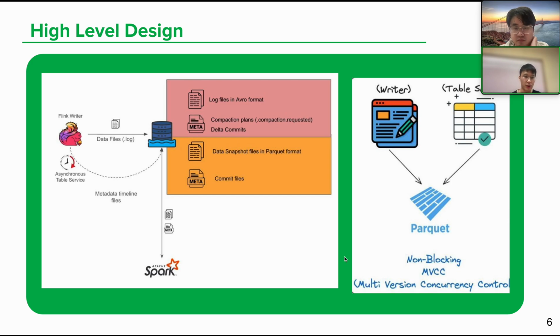However, while simple in design, copy on write tables do not actually satisfy every single requirement we have. For example, we can't really improve the data freshness for copy on write tables, based on the fact that copy on write tables are writing the data directly as Parquet files, which is an expensive operation.